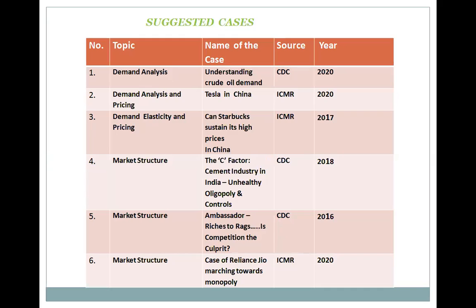And a case which all of you will be able to relate to very easily is the case of Reliance Jio marching towards monopoly. All of you know about Reliance Jio and how it has evolved over a period of time. Basically, this case talks about evolving market structures, or how a market form can transition over a period of time. So this is how these cases are divided, and this is what you will be doing.